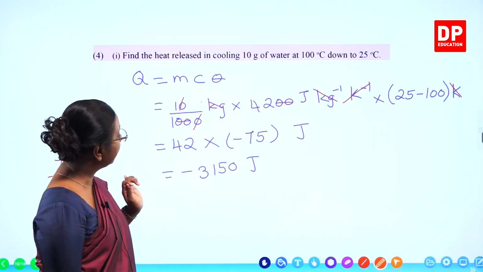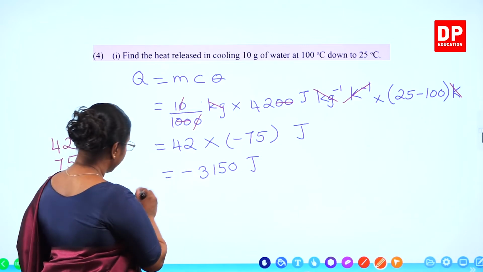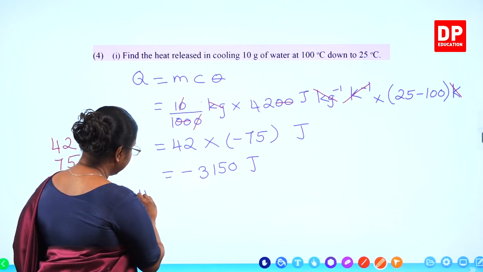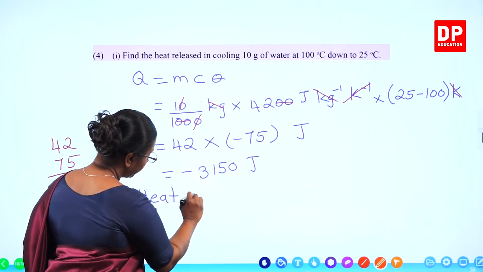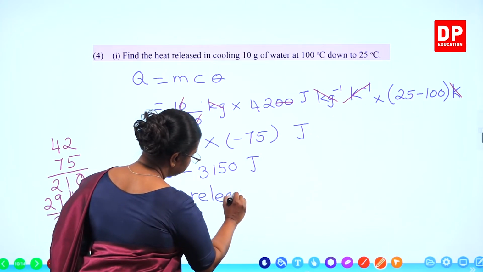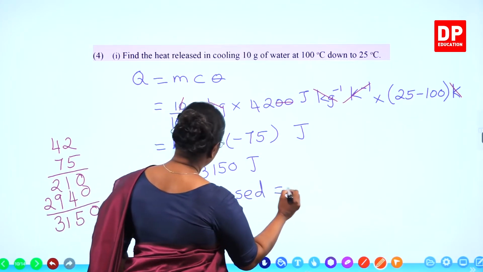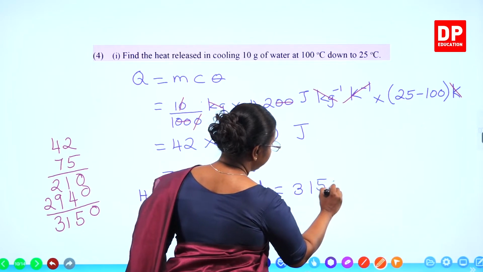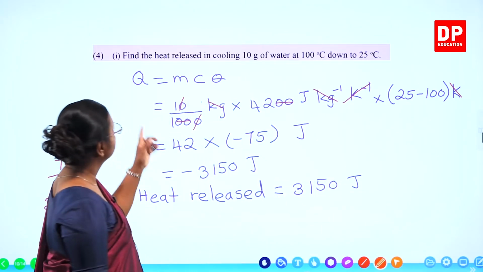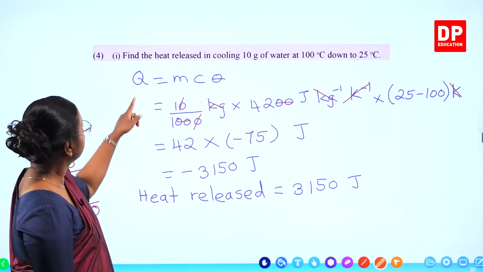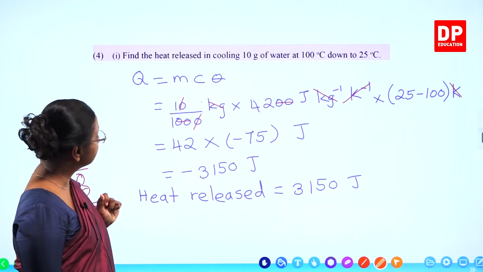So this is how we calculate. So if you want, you can rewrite as heat released equals 3150 joules. So is that okay, students? You have to have the mass in kilograms.